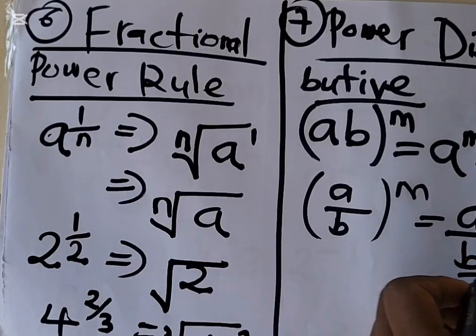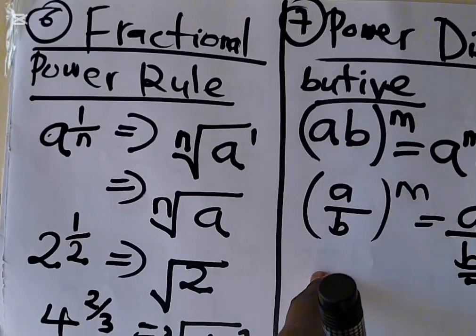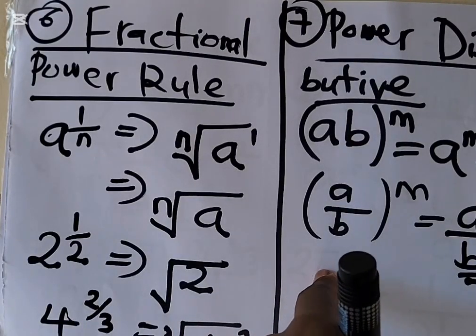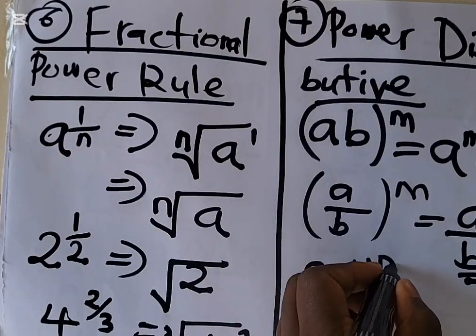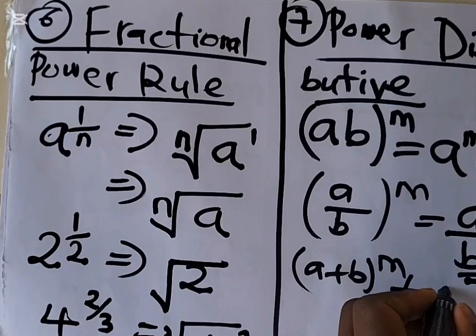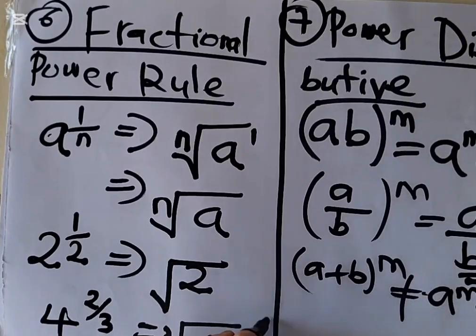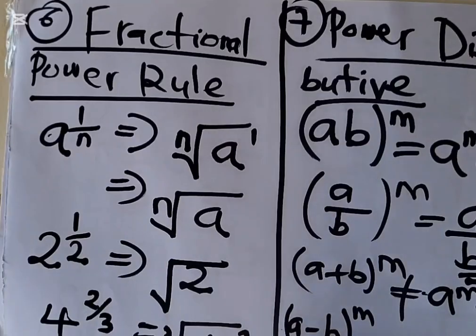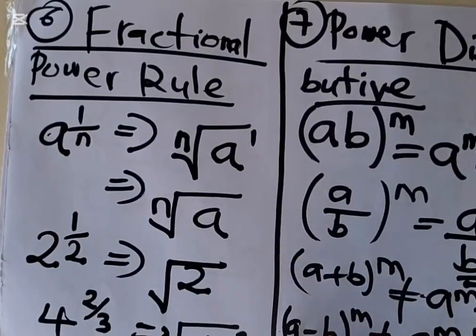And just a point to note, this rule does not apply to addition and subtraction. For example, if you have A plus B, raised to M, you cannot say this is A raised to M plus B raised to M. Neither can you say A minus B raised to M is the same as A raised to M minus B raised to M. Please note these are not the same.